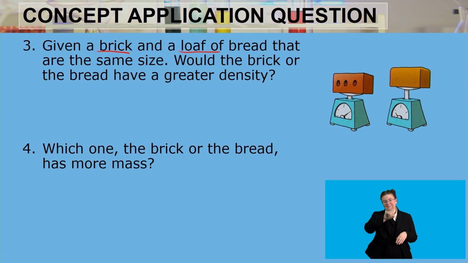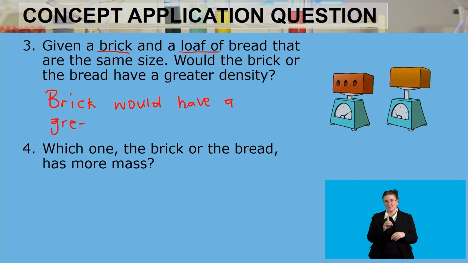That means the brick will have a greater density. So would the brick or the bread have a greater density? That would be the brick, it would have a greater density.